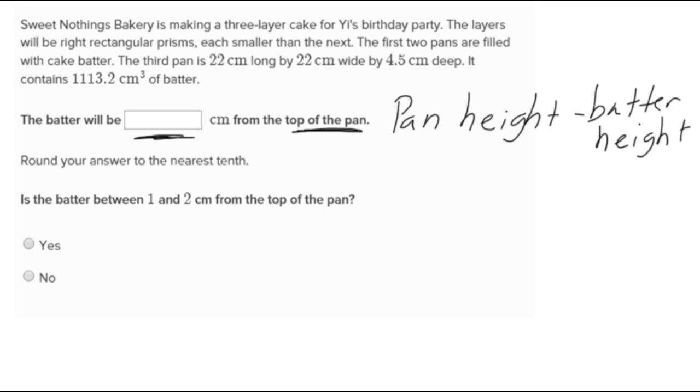Okay, so the pan height minus the batter height. To figure out the pan height, it already tells us that is 4.5. So we have 4.5, and then we're going to minus the batter height? Well, I think we did this before.